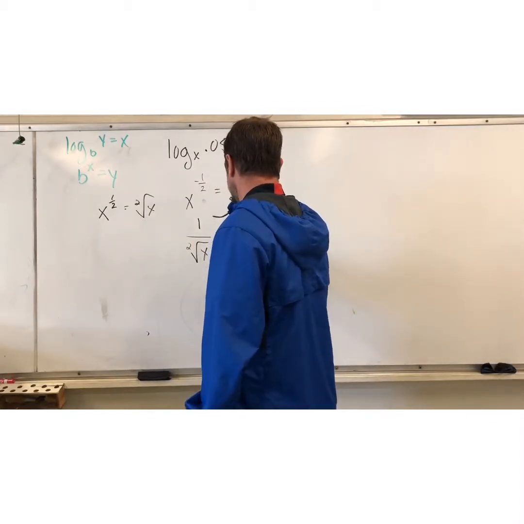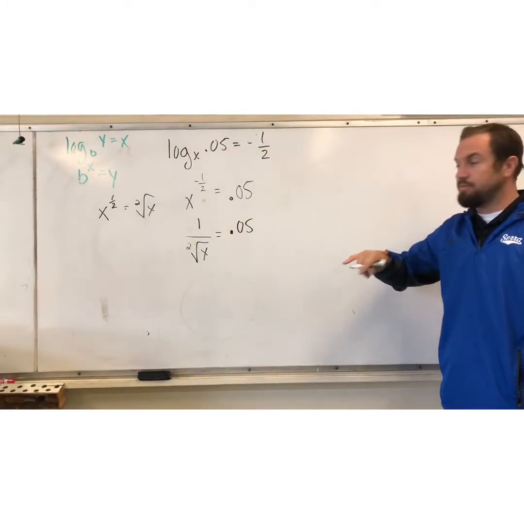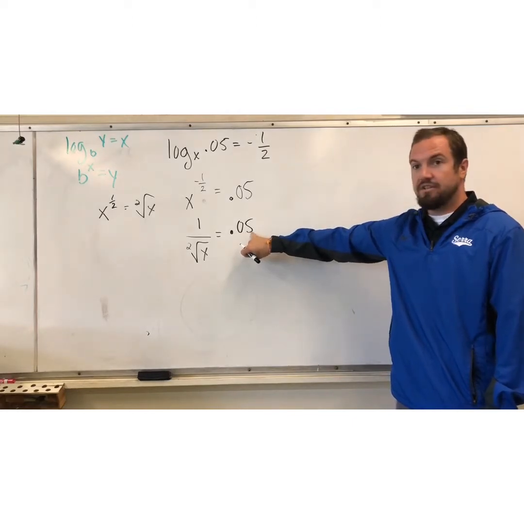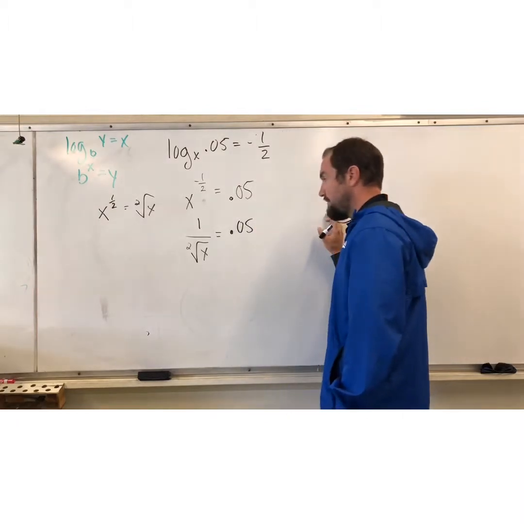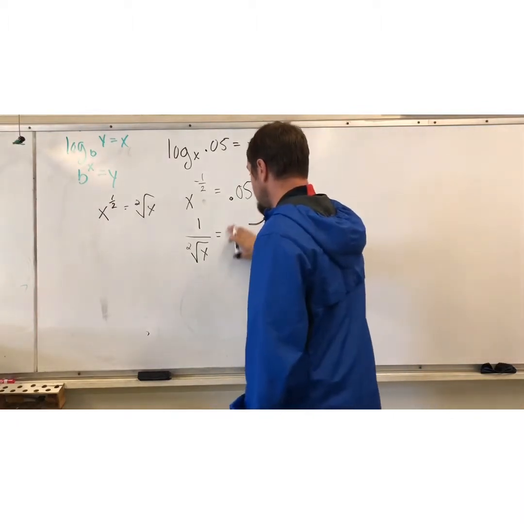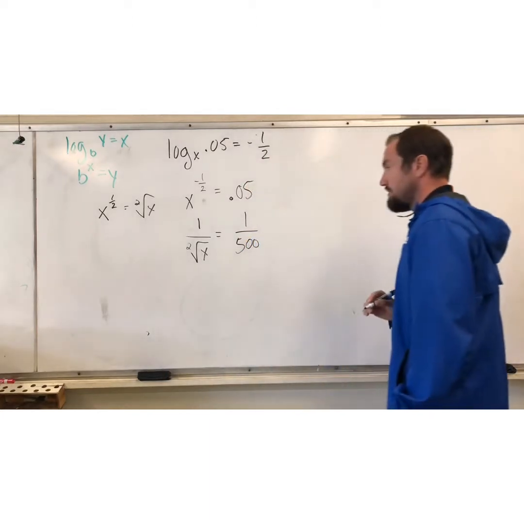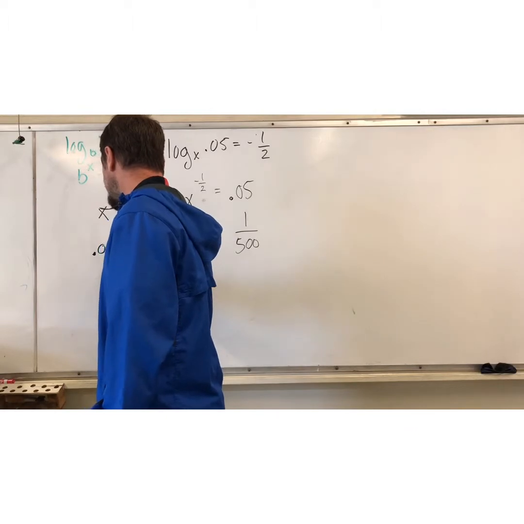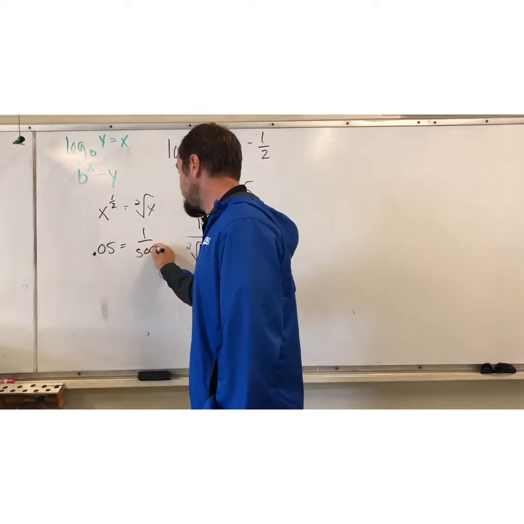Can someone tell me how this could be written as a fraction? What place is this? Okay, so I have 5/100ths, right? So I can write this as 1 over 500. If I convert 0.05, it would convert to 1 over 500.